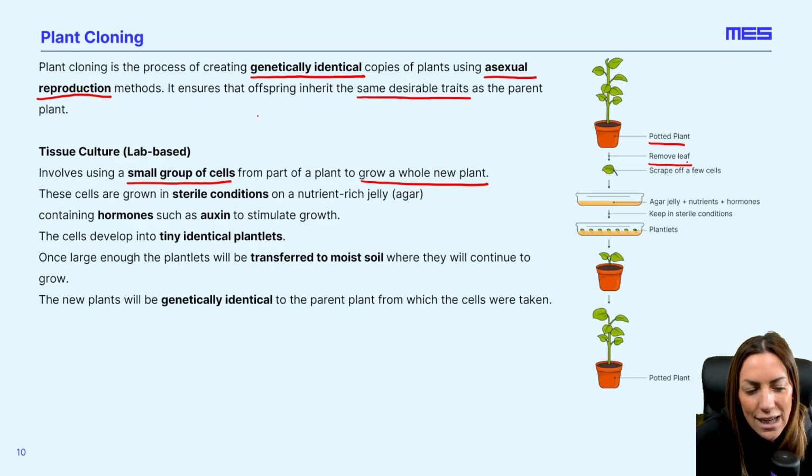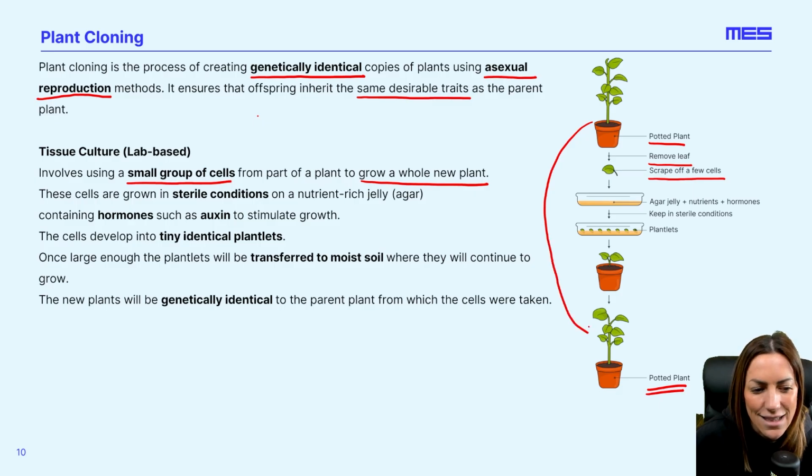They've removed a leaf from the parent plant and they've scraped off a few cells, and you're using just a small group of cells to grow a whole new plant that will obviously be genetically identical to the parent plant, because there's just one parent, it's asexual reproduction, it's got all of its DNA from one parent. So you scrape off the few cells.